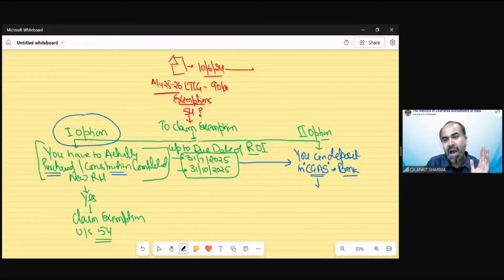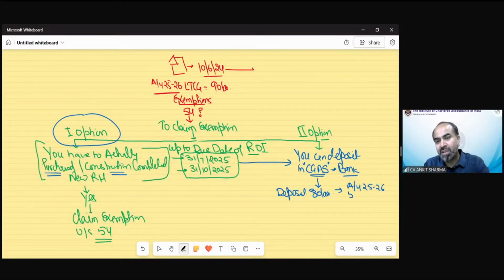Suppose I have deposited 80 lakh rupees up to the due date of ROI in this scheme. So the department will give you exemption in assessment year 25-26, trusting that you will invest 80 lakh rupees for the exemption under section 54. So you will get the exemption of 80 lakh.